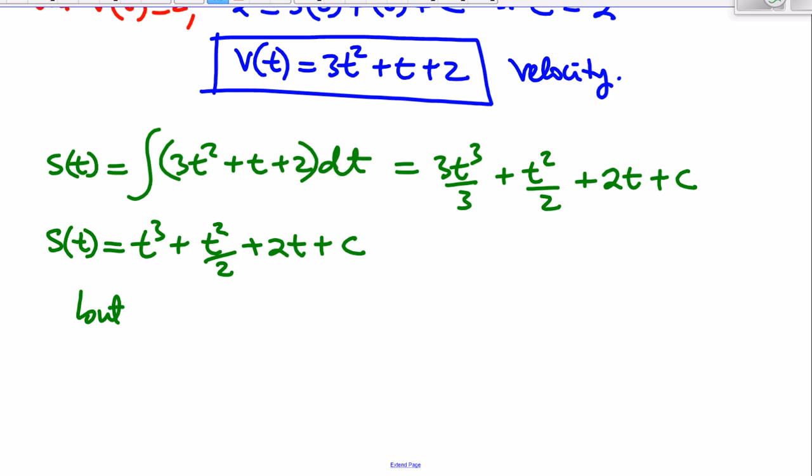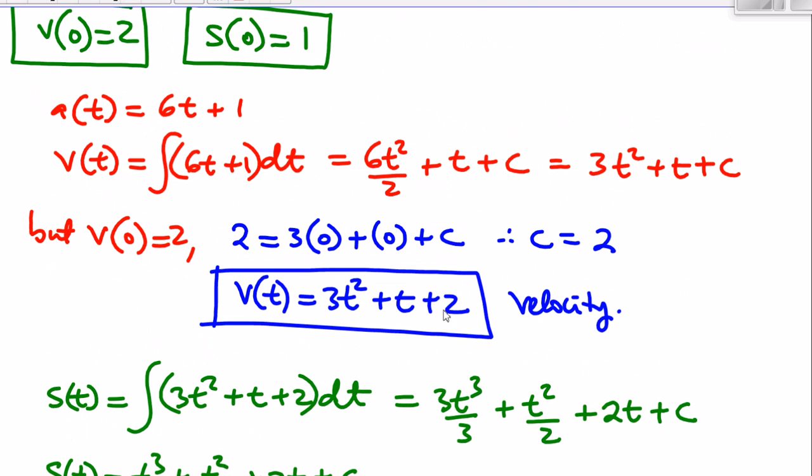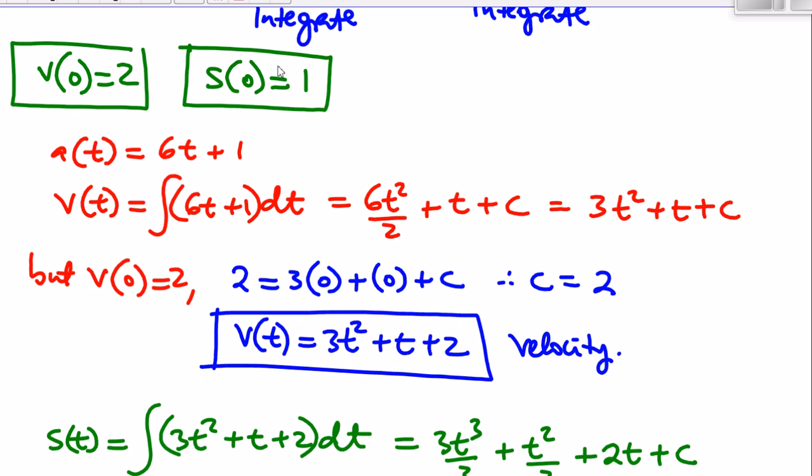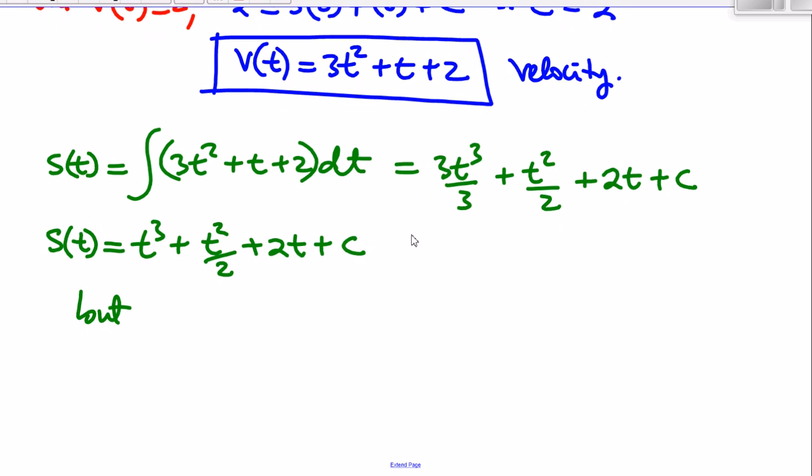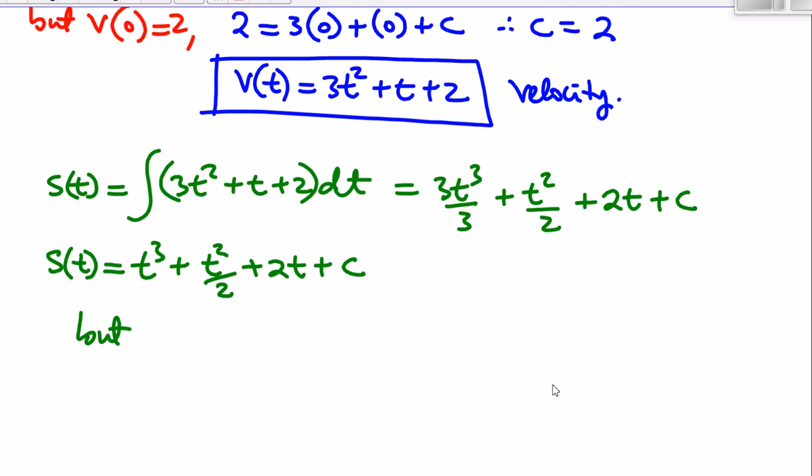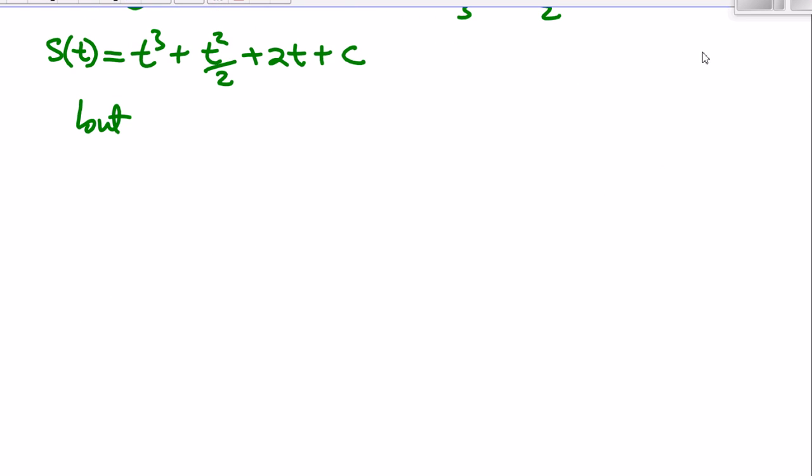But we had been told in the question that s of 0 is equal to 1. So which means that if I substitute 0 in place of t, then I'll end up with the whole thing being equal to 1.